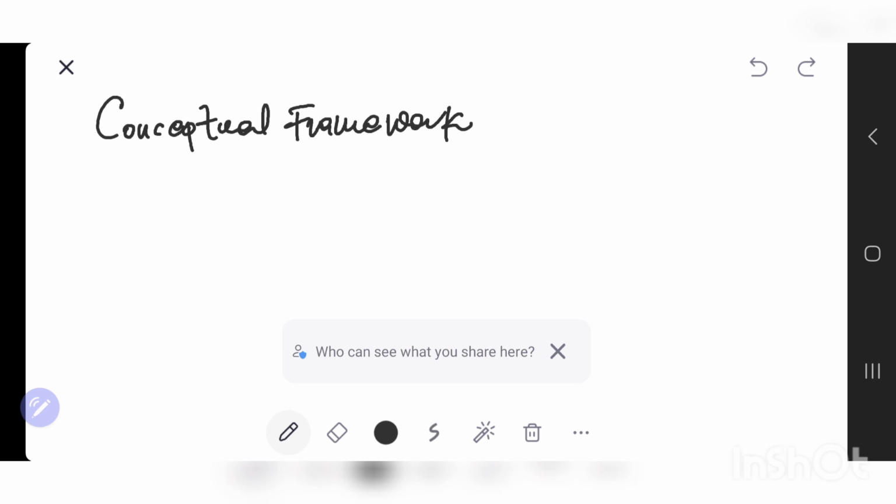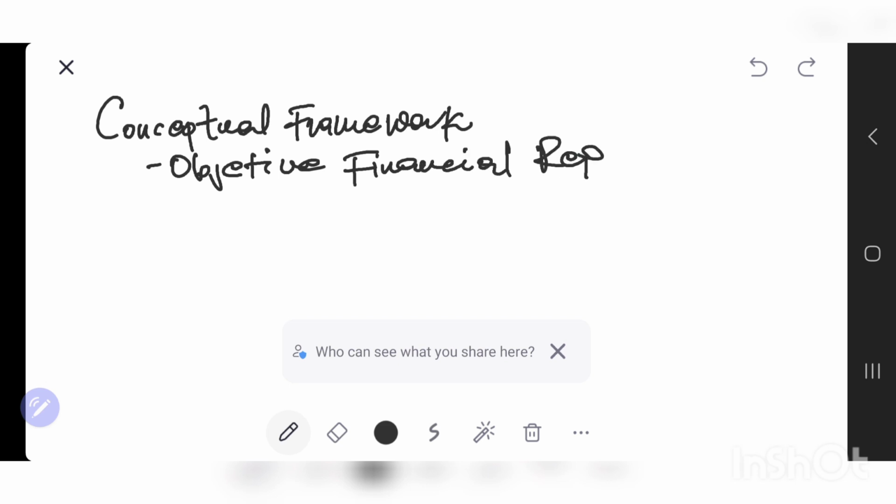This is where you are going to find information about the objective of financial reporting, which is like the objective of accounting.